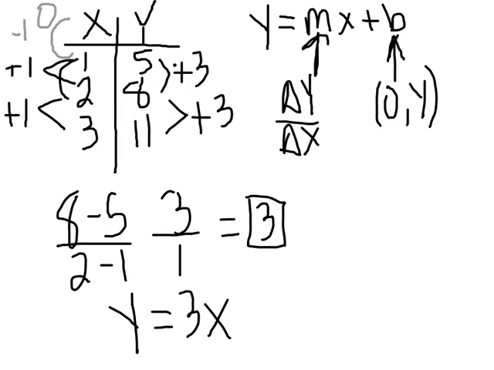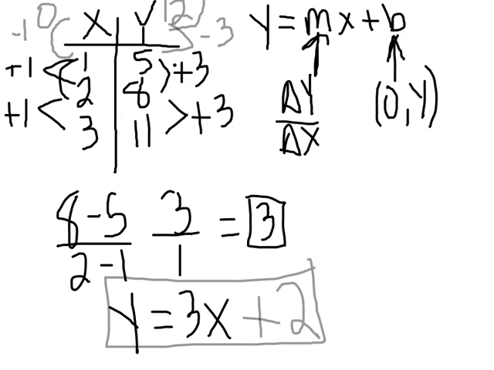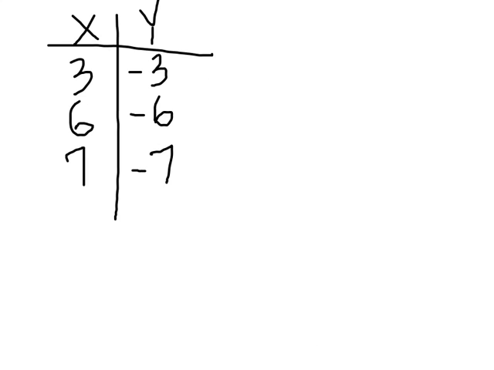That means I have to do the same thing on the other side and subtract 3. And 5 minus 3 is 2, so my y-intercept here is 2. So my full equation is y equals 3x plus 2. Let's look at one more. Okay, let's look at this table.